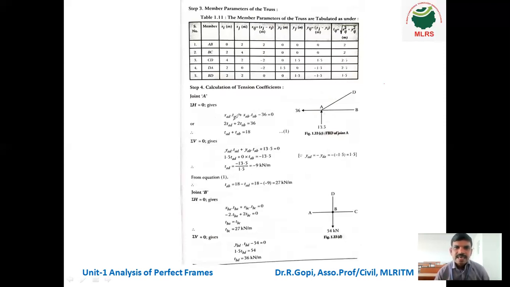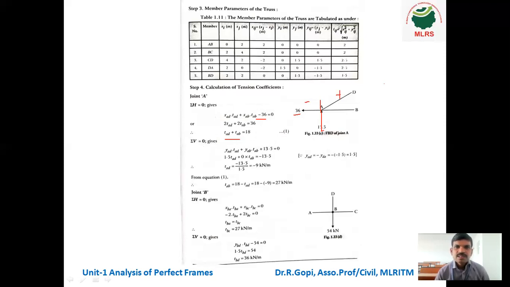Write XAD TAD plus XAB TAB, where right side is positive and left side is negative. The 36 kilonewton is acting on the left side, so we put minus 36. Therefore TAD plus TAB is equal to 18. From this equation, there are two unknowns, which we will solve later.